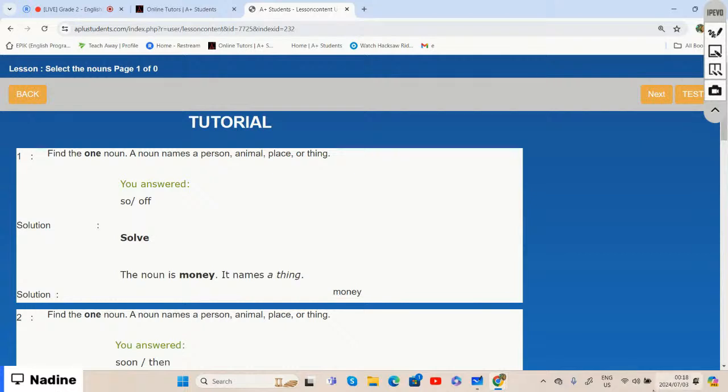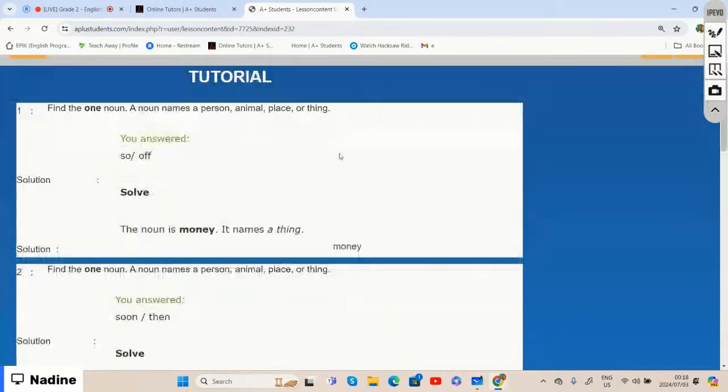All right. So now we're going to look at an activity, right? And this is where we're going to identify a noun, and then we're going to say if it is either a noun that names a person, an animal, a place, or a thing, right?